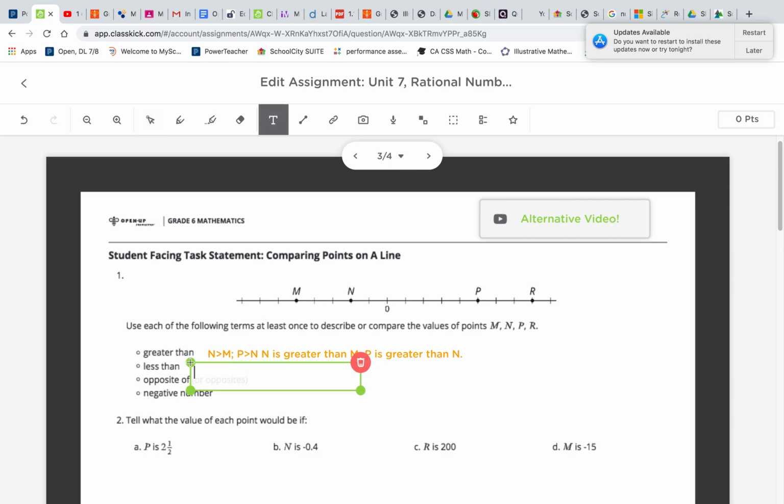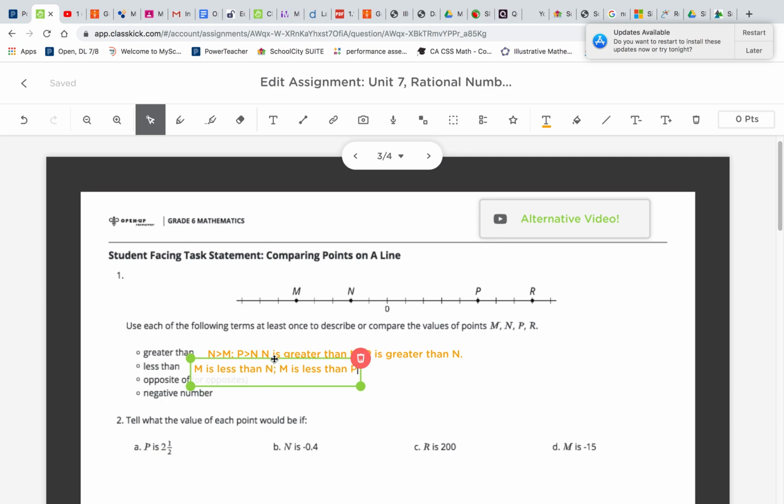So we can say M is less than N. Okay, we can also say M is less than P. All right, so M is actually less than any of those other letters here.